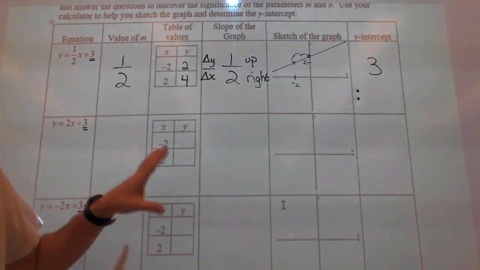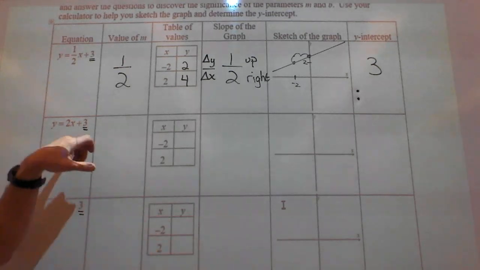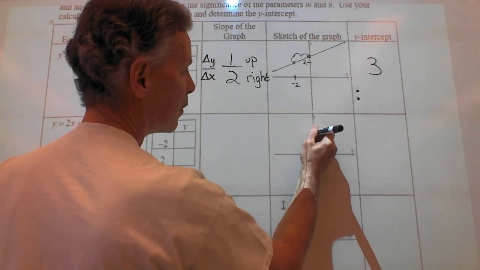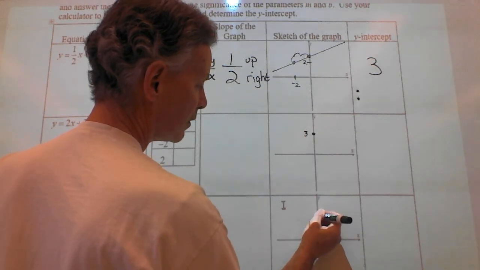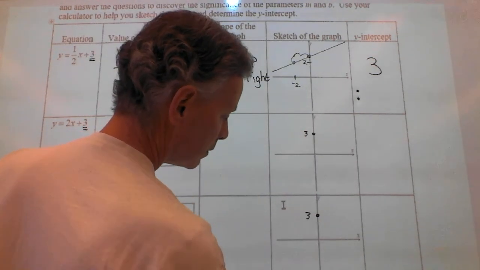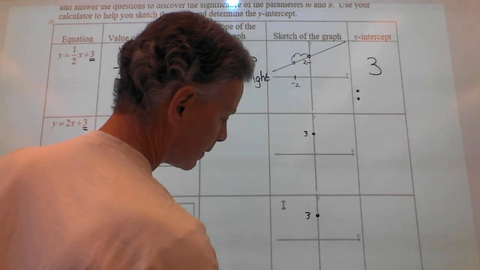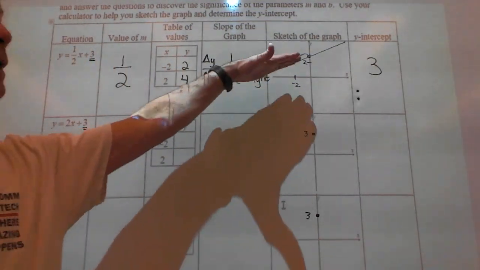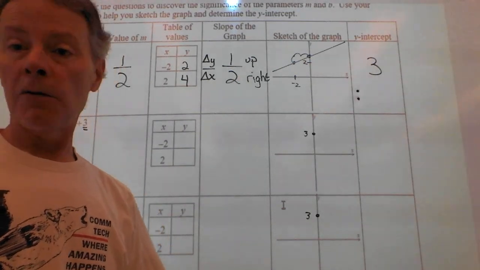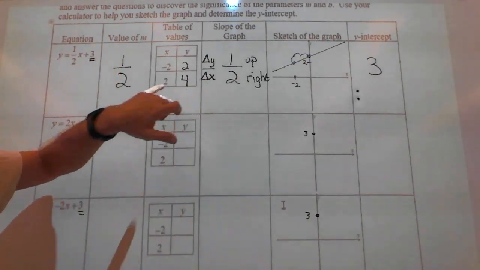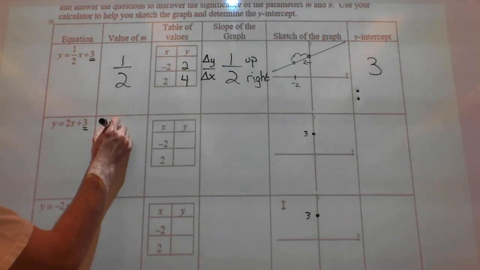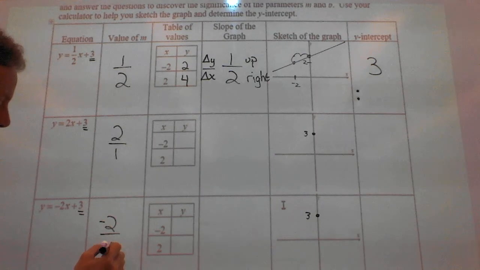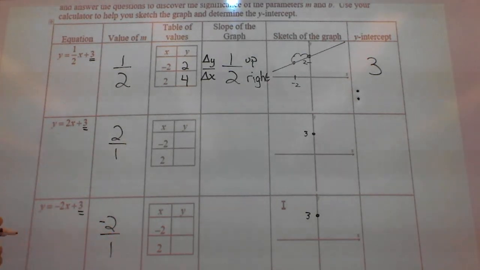That means that when you graph each of these lines, every single one of them is going to cross the y-axis at 3. Now, will they look the same? No. The reason they won't look the same is because each of them has a different value for the slope.